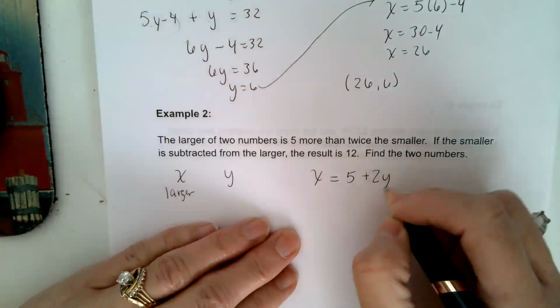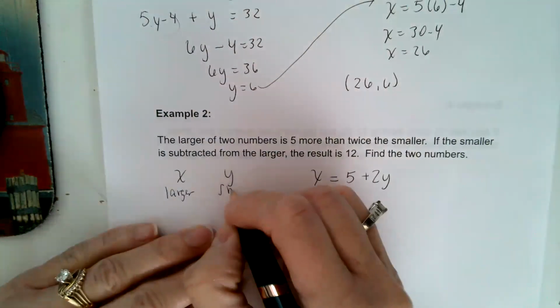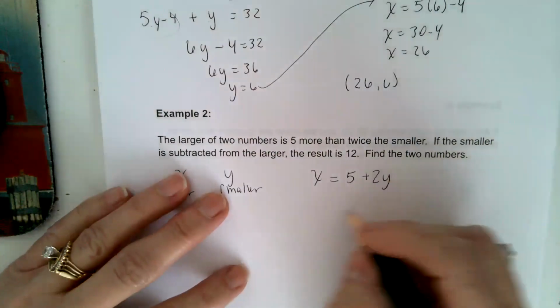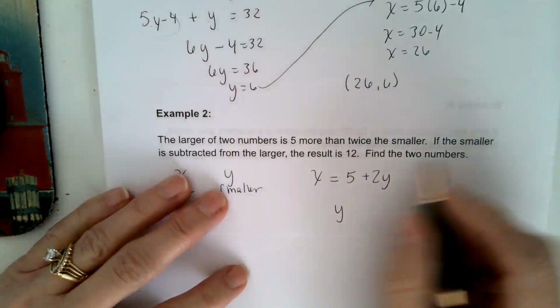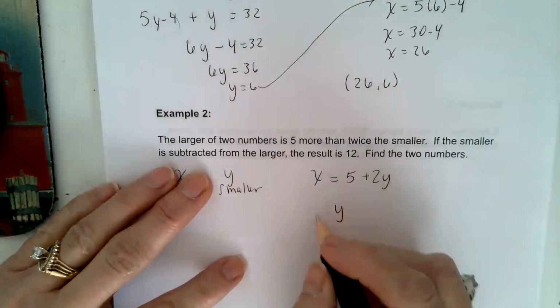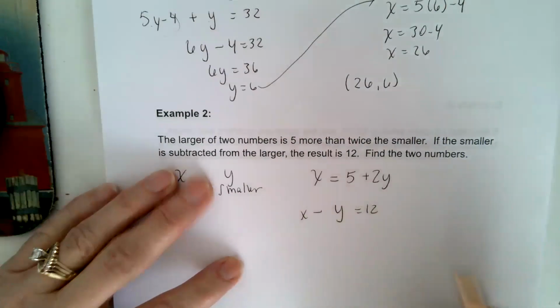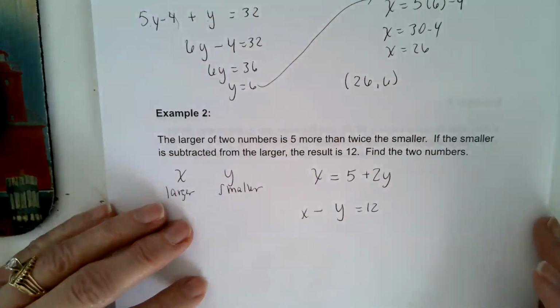So I'm adding 5 to 2 times Y, because Y is the smaller. If the smaller, Y, is subtracted from the larger, so X minus Y, the result is 12. Find the two numbers.